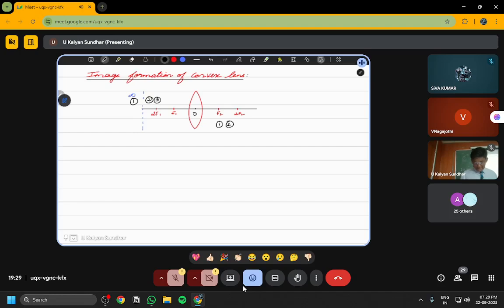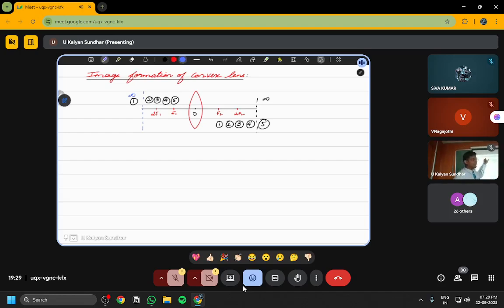Third position is at the center of curvature, then it will be at 2f. Next, between 2f and f2, so it will be beyond 2f2. Now last one is about focusல place பண்ணா, image will be formed at the infinity. So this is your infinity sign, right?